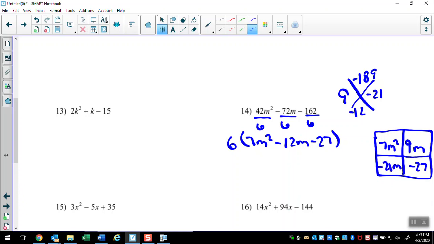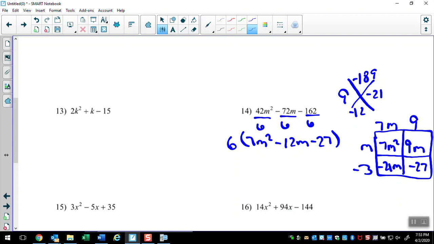So again, I always am going to have a variable here and a variable here. Now I look for greatest common factors. There's none between those two. These two have a greatest common factor of 7. These two have a greatest common factor of 9. And these two have a greatest common factor of 3. Oh, negative 3. Since this is negative, this has to be negative.